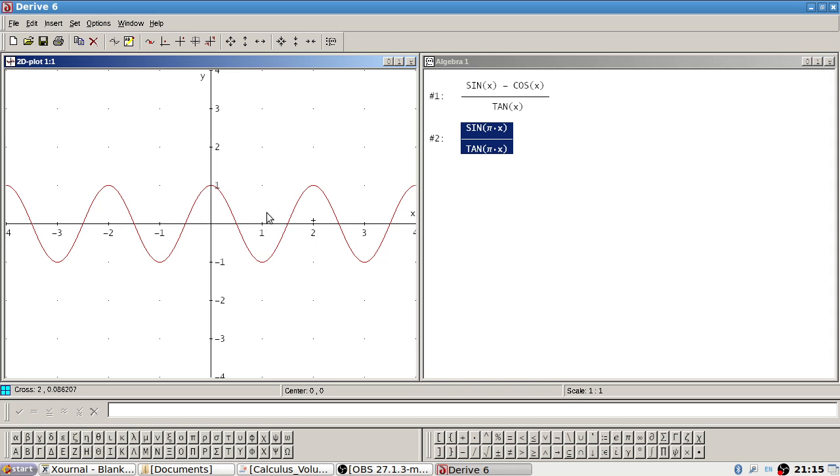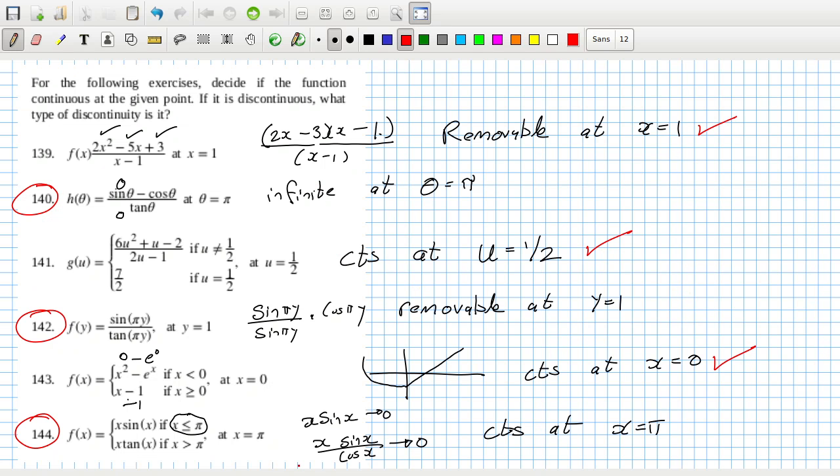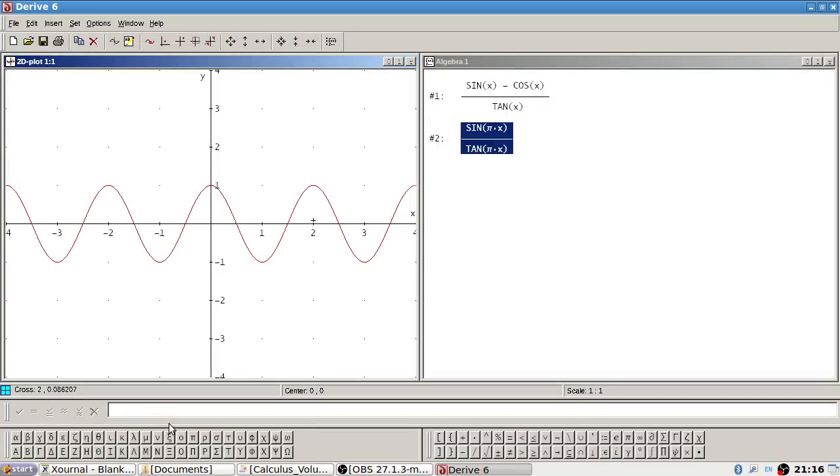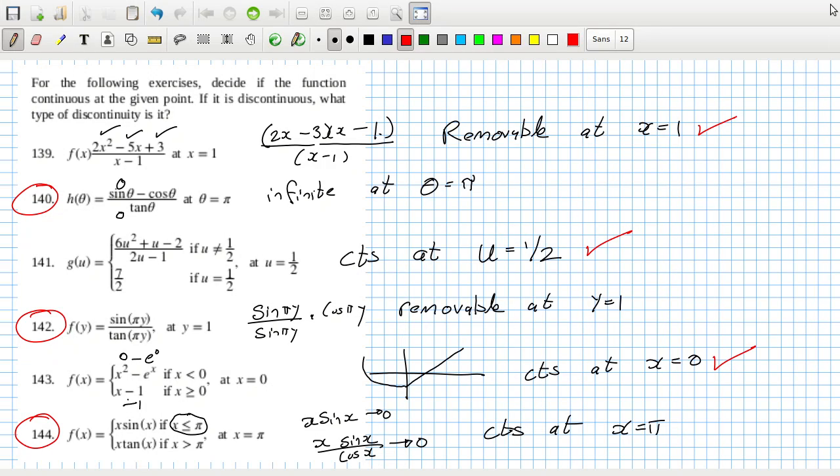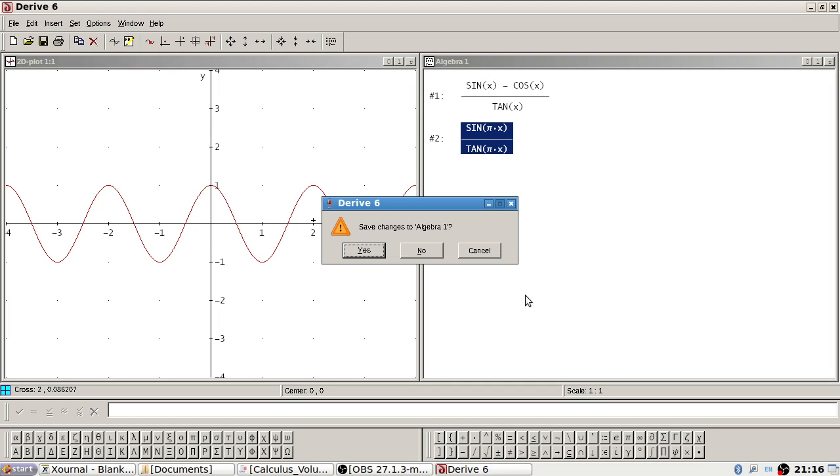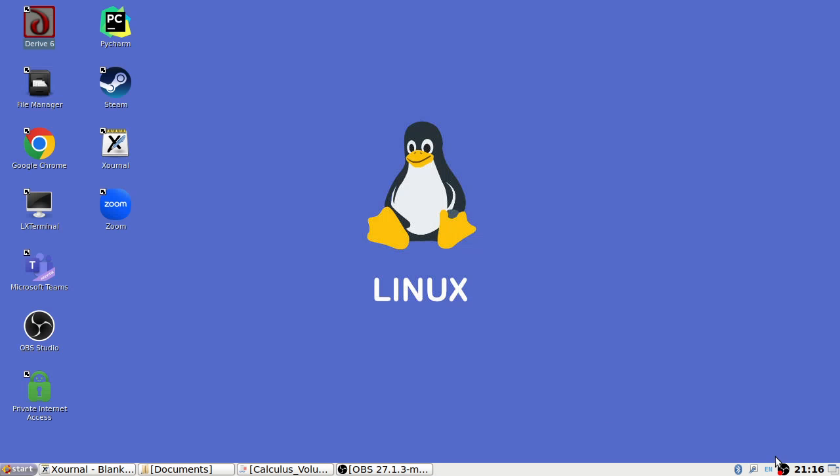The graph doesn't convey the fact that you've got these undefined points here. Okay. And then this one here, I'm not sure. I can actually do that one in Maxima. Because I learned recently how to do the block.